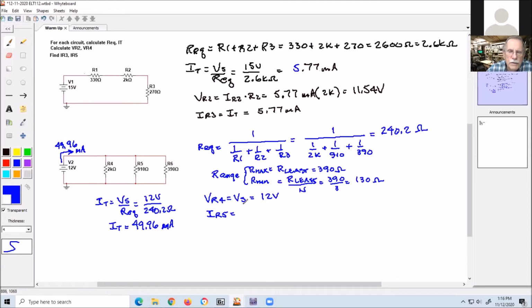So IR5, we can figure out using Ohm's law, V sub R5 over R5. The voltage across R5 is the supply voltage in this case, 12 volts, because it's a parallel circuit, divided by 910 ohms, which is 13.19 milliamps.